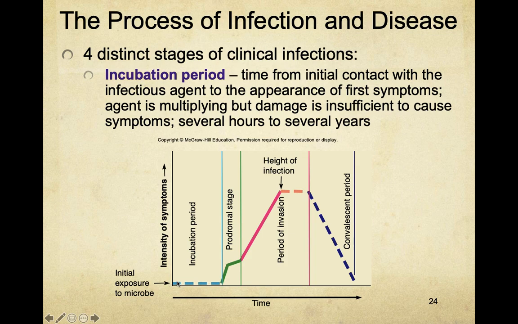It's growing inside of you, doing its thing. There's not enough of that particular organism there to do anything. You might start to develop a small cough or a small runny nose, maybe a tiny little fever towards the end of it. Not really anything to write home about. The incubation period. This organism is just getting ready to cause you some problems.